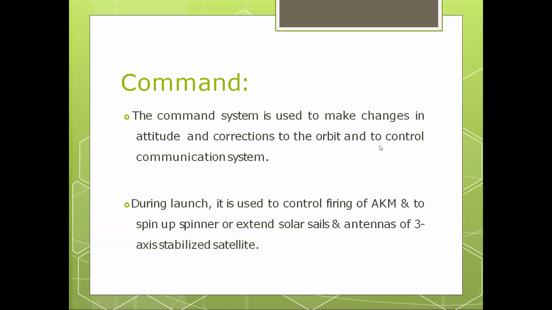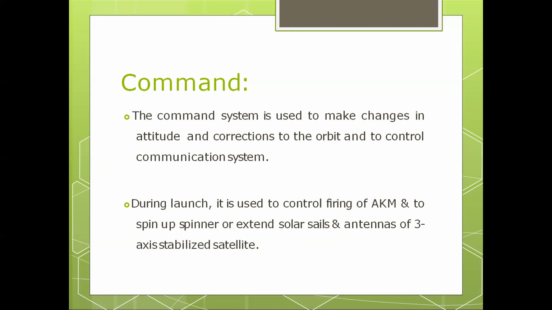Next slide, we have the command. In this satellite subsystem of telemetry, tracking and command, tracking can be achieved by implementing those three principles. And now comes the command. What is the important aim of this command?